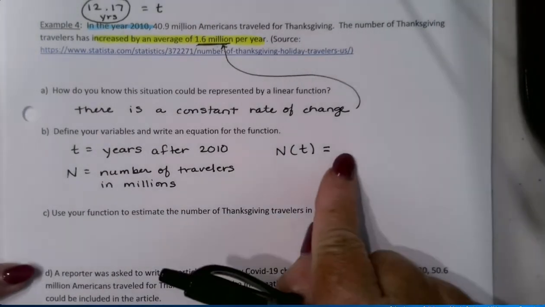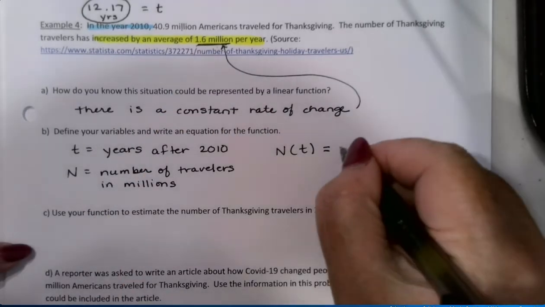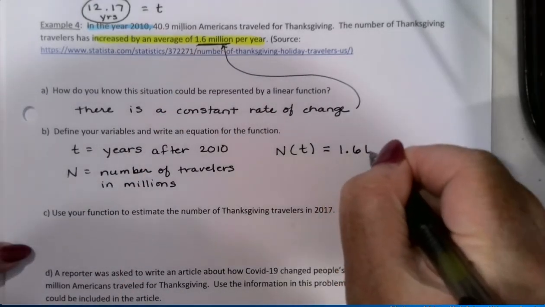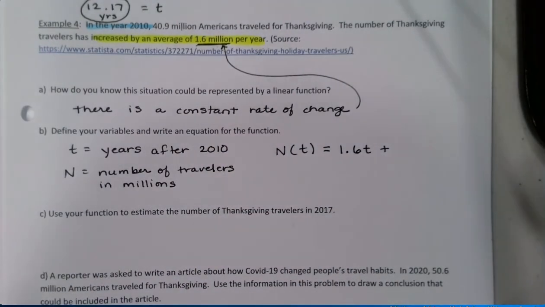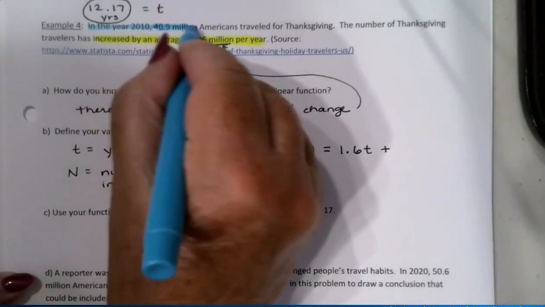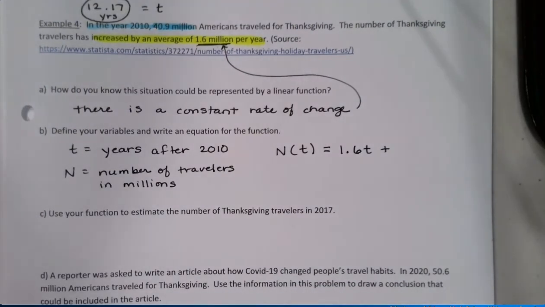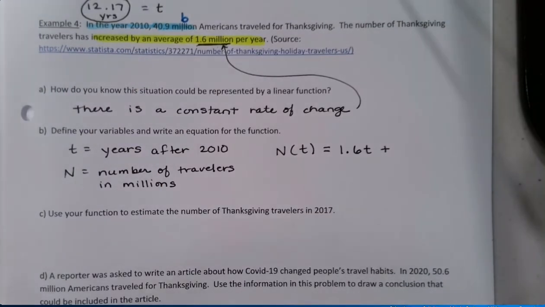The slope is the constant rate of change. That's the 1.6. So I have 1.6t. Plus, what happens when t is 0? Well, when t is 0 in 2010, we knew there were 40.9 million travelers. So that means my b value is that 40.9.